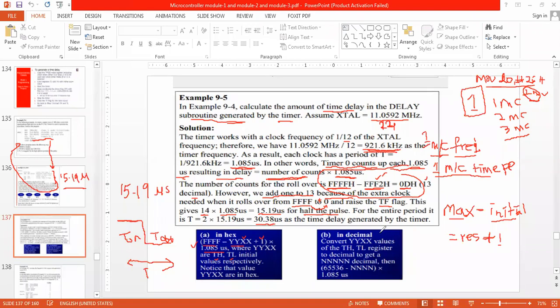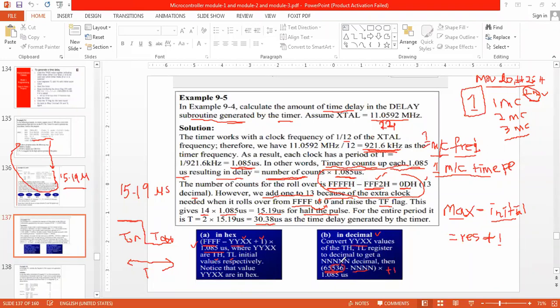Then in decimal, what will happen? Convert YYXX into a decimal number. And then what is FFFF? Maximum value. FFFF means 65,536 minus n is the decimal number. Here I am not going to add +1 in decimal. Why? Because I am taking 65,536, and one has already been included here.